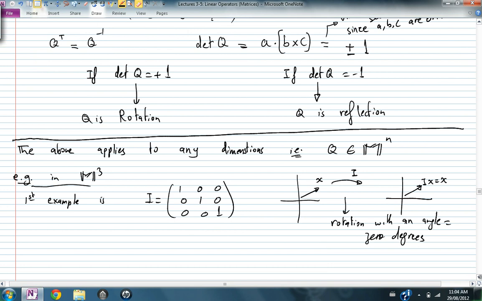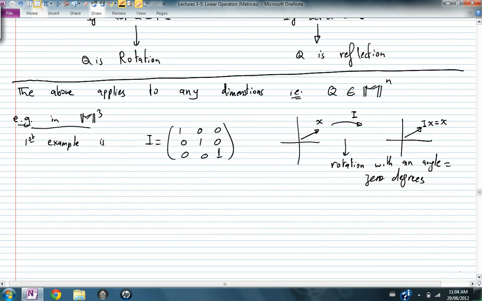I'm rotating the vectors by 0 degrees. Now it's clear the determinant of I is equal to 1, and I multiplied by I transpose is equal to I, which means I inverse is equal to I transpose. It happens to also be equal to I in this particular case.